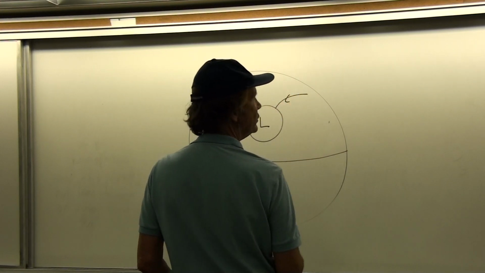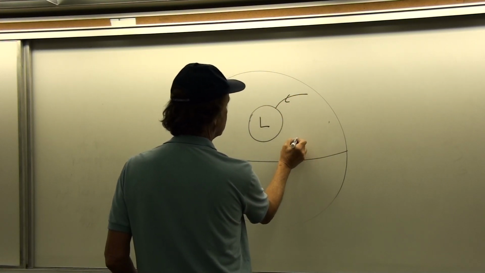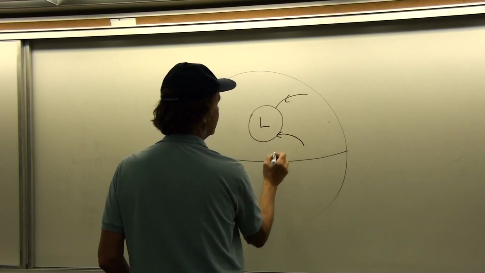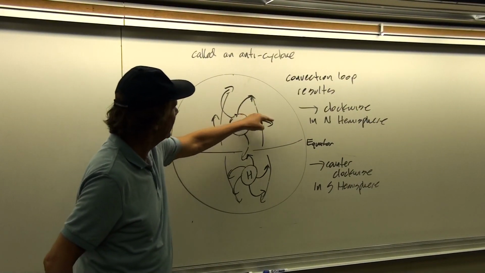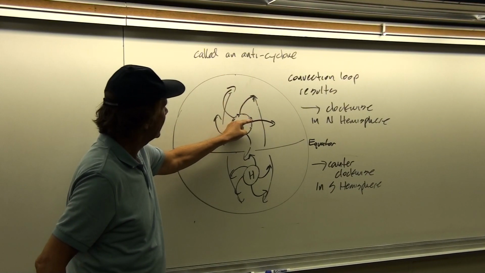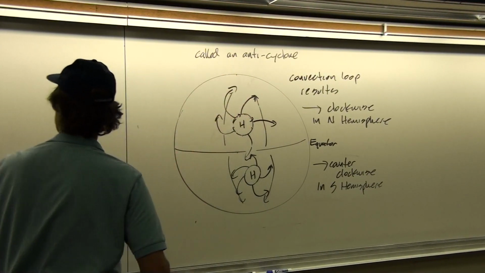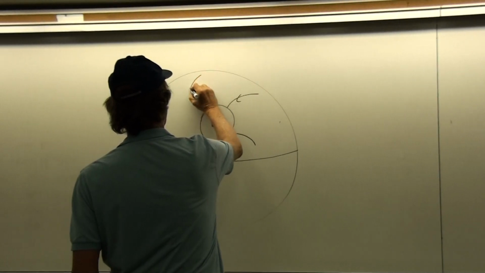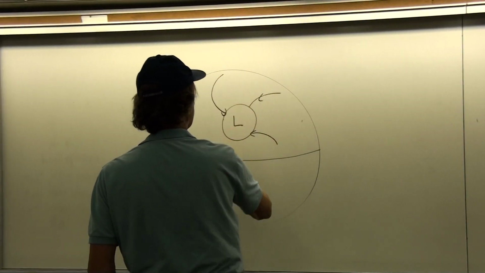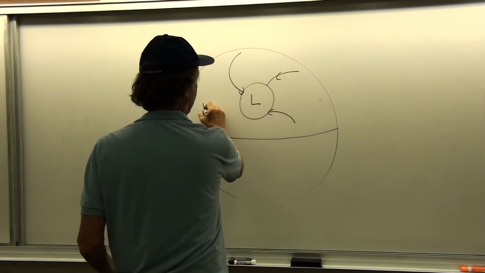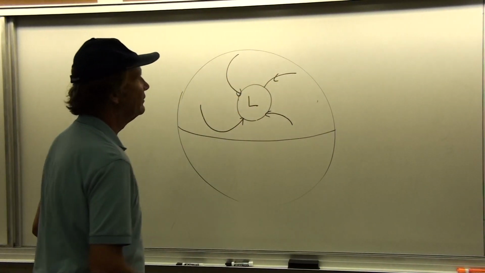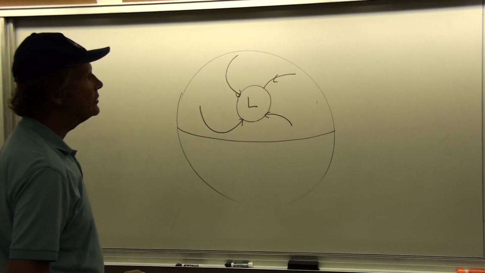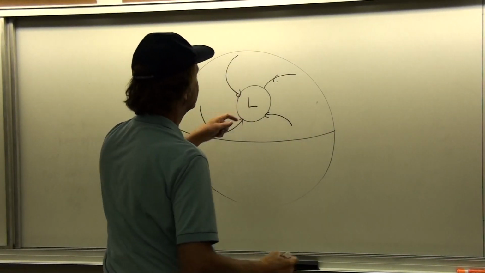So the air tends to move in toward a low rather than away from a high. So the same curvature of the airflow is maintained, but the direction of the wind is going toward the low instead of away from the high. So it tends to go like this, which gives us a counterclockwise circulation around the low.